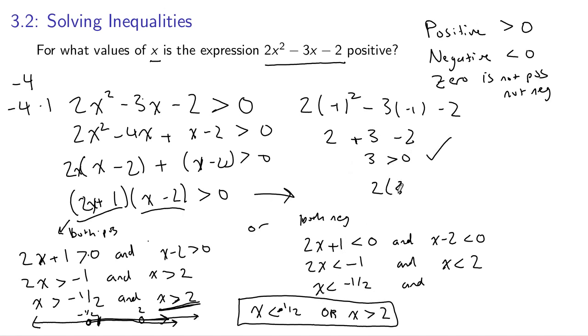So 2 times 3 squared minus 3 times 3 minus 2. 2 times 3 squared is 18. Minus 9 minus 2, which is 7. And 7 is less than 0. So that checks out. I'm sorry, 7 is greater than 0. We're looking for positive numbers, not negative. So it does check out. So this is good.